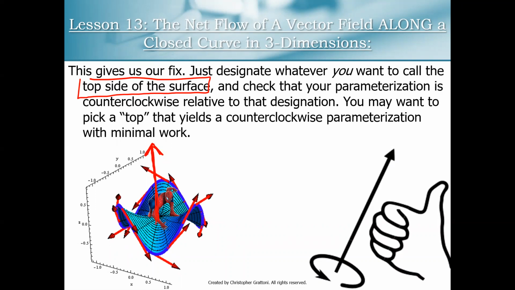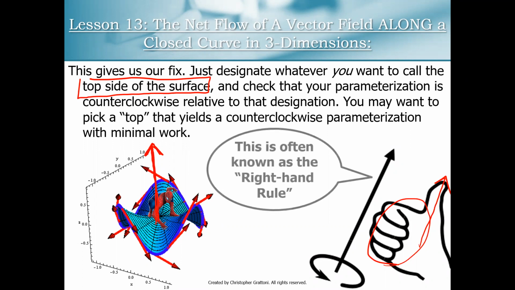So imagine your thumb going with your normal vector. And then as long as you use your right hand, we're going to say that the direction that your fingers curl in is going to be defined as counterclockwise. So relative to my normal vector, or relative to Spider-Man, those tangent vectors are oriented counterclockwise. And that's what the right-hand rule is.